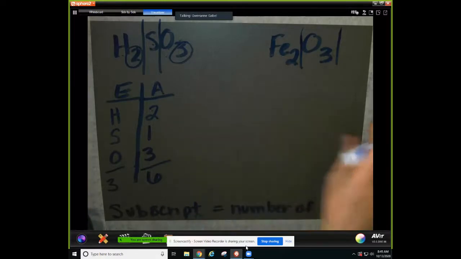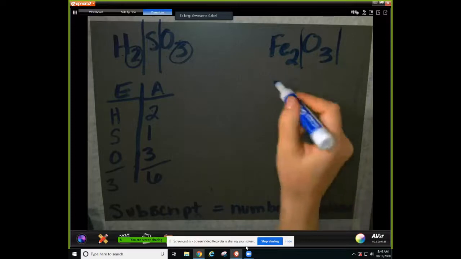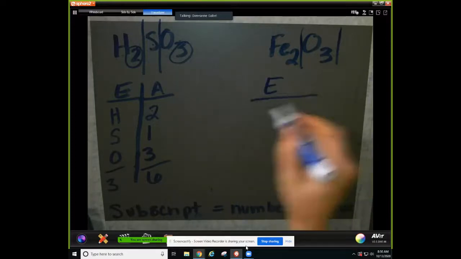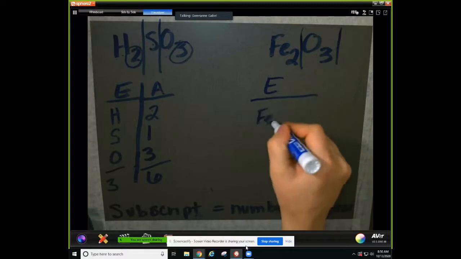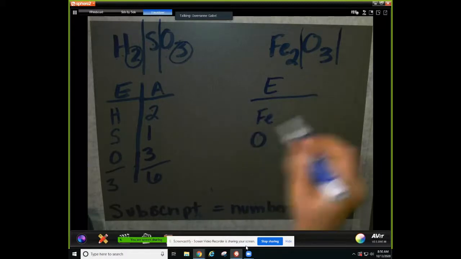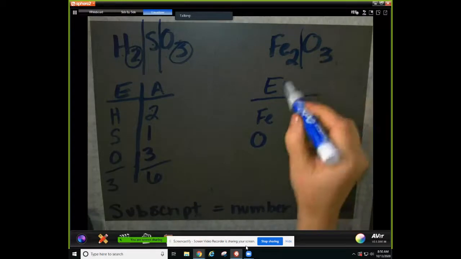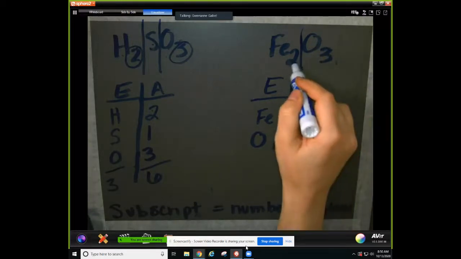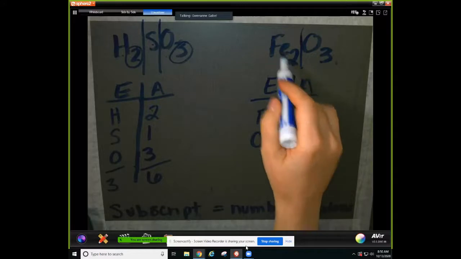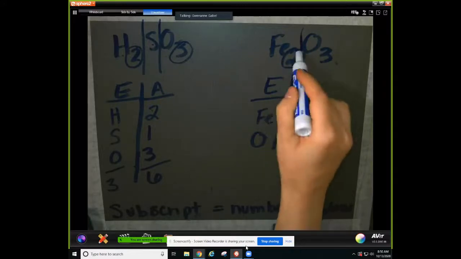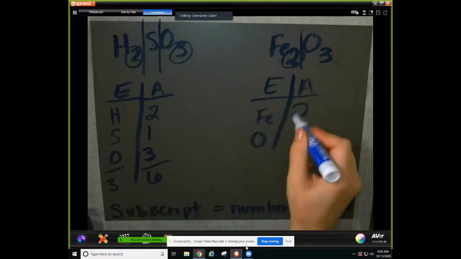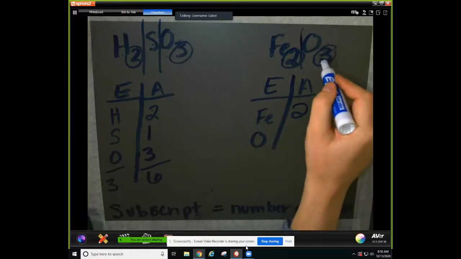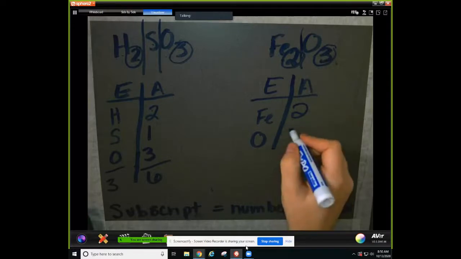And that picture is harder to draw. For this one, my elements are iron, which is Fe, and oxygen. Okay, and this subscript right here, that's right after the chemical symbol, tells me that I have 2 atoms of iron. And this subscript tells me that I have 3 atoms of oxygen.